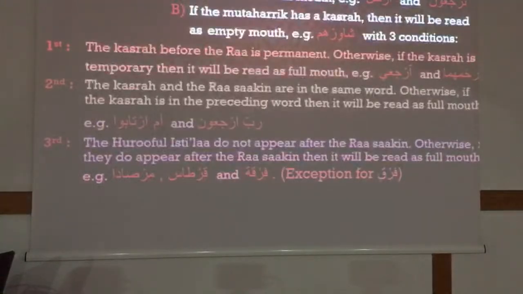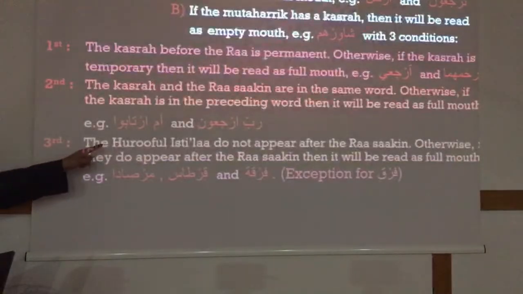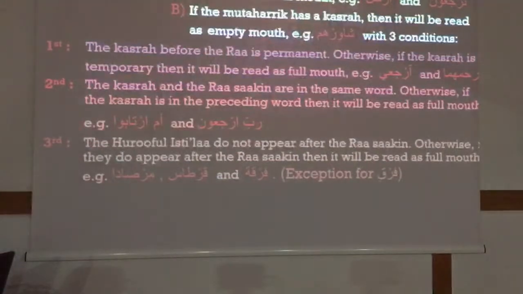Now generally, according to the normal rule, when there's a kasra meme before ra sakin, generally the ra will be empty. But here, the ra sakin is in this word and the kasra is in the previous word. So when the kasra and the ra sakin are in separate words, then the ra sakin will also be read full mouth. So we're not going to say amir, we're going to say amir.